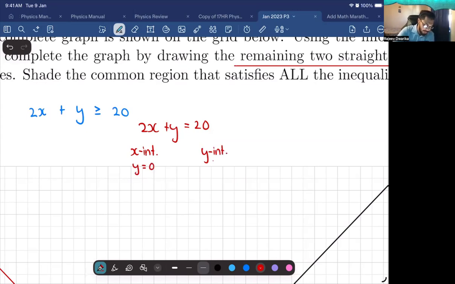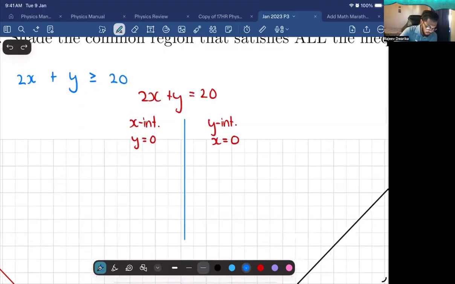And at the y-intercept, what is the x value? 0. So if I want to figure out the x-intercept, anywhere that I see y over here, I'm going to replace the y with 0. So I'll say 2x plus 0 is equal to 20. So I'll end up with 2x is equal to 20.